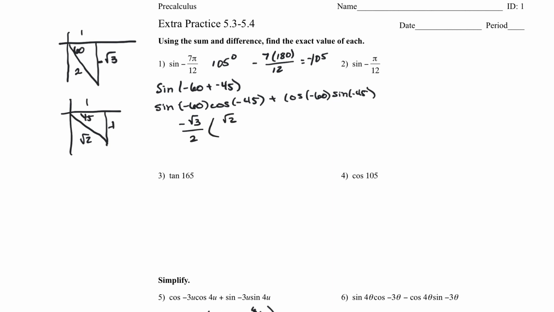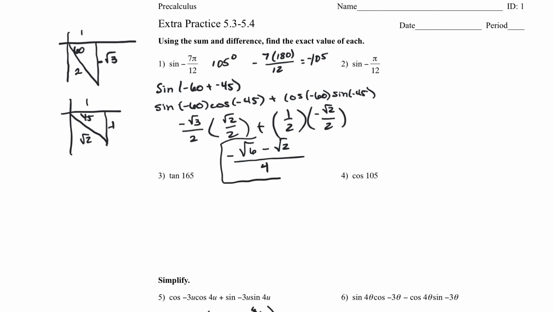This is going to be the square root of 2 over 2 plus cosine of 60 is 1/2 times the sine of negative 45. That's negative square root of 2 over 2. So we're going to get negative square root of 6 minus the square root of 2 all over 4. Now if you had like negative square root of 6 plus negative square root of 2, that's the same thing.